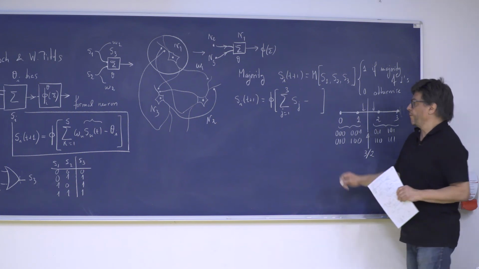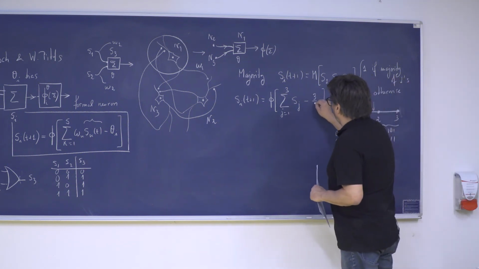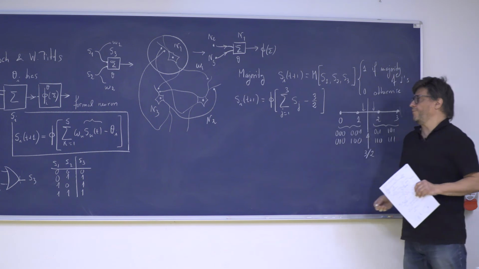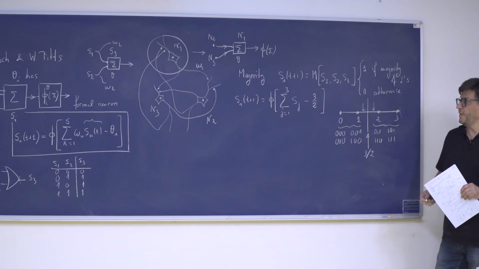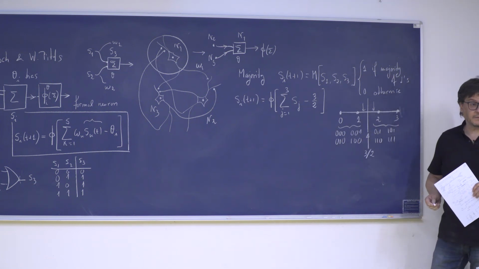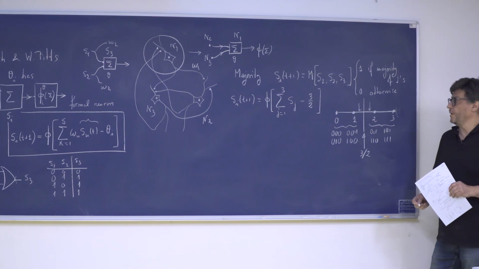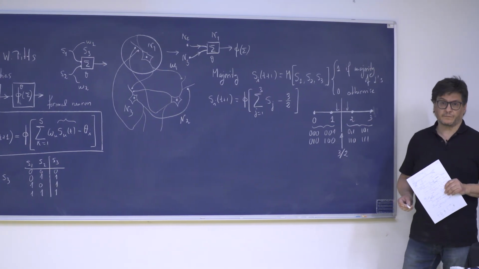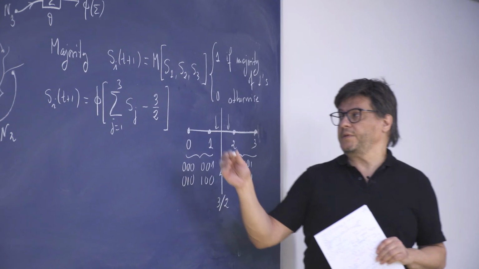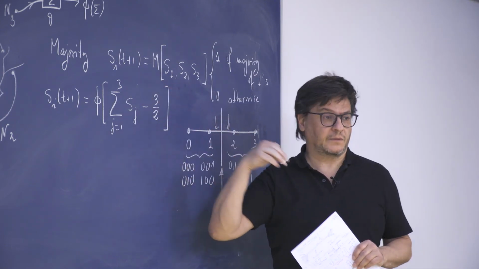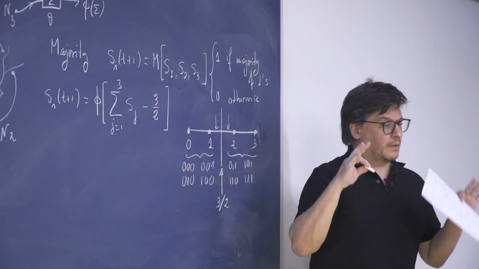That's arbitrary. If I use that, this particular instance of McCulloch-Pitts rule gives us the majority, okay? This will be 1 if the majority are 1, and 0 if the majority is 0.